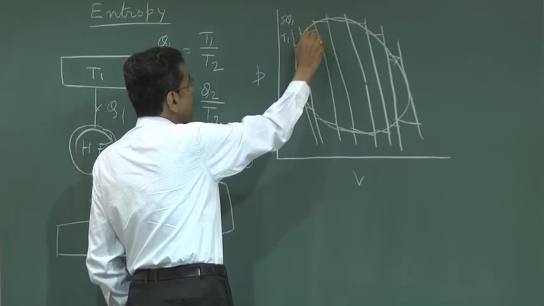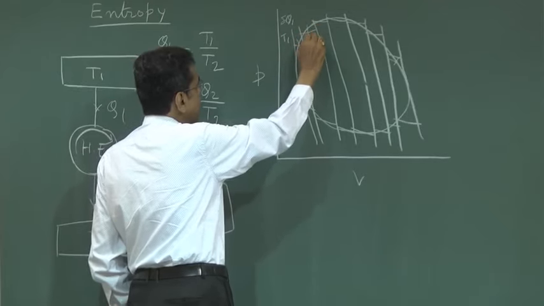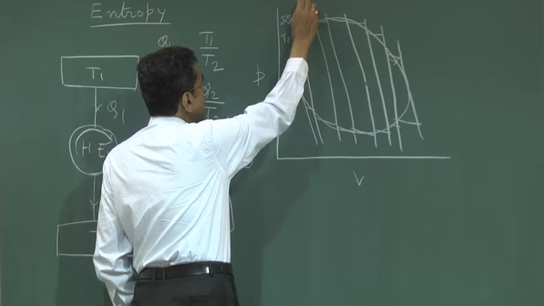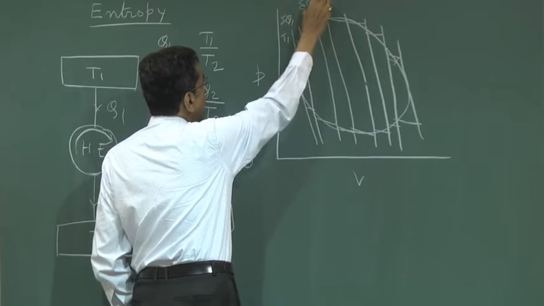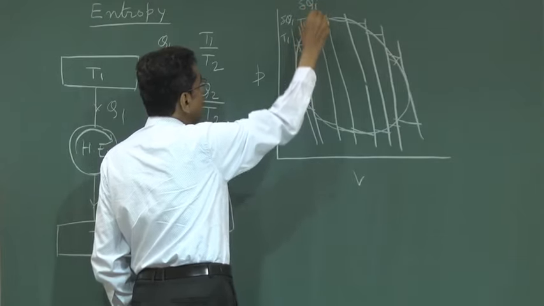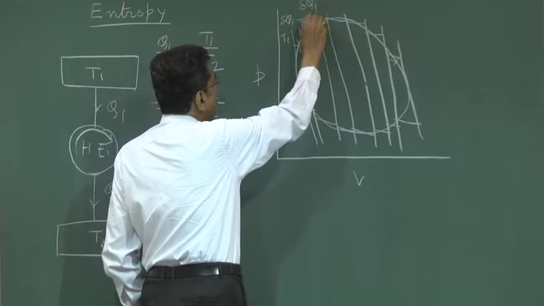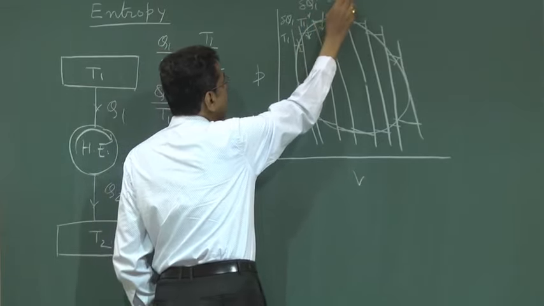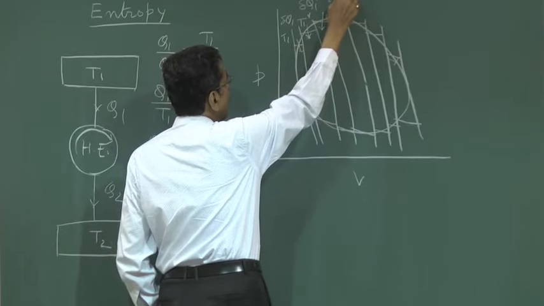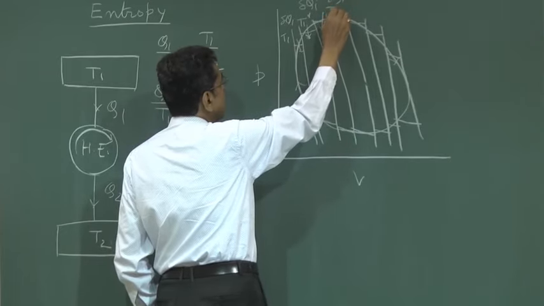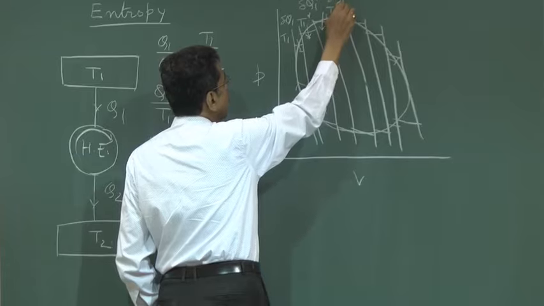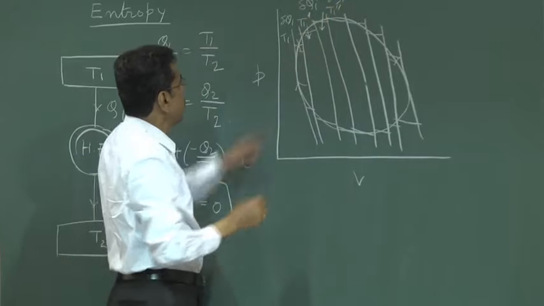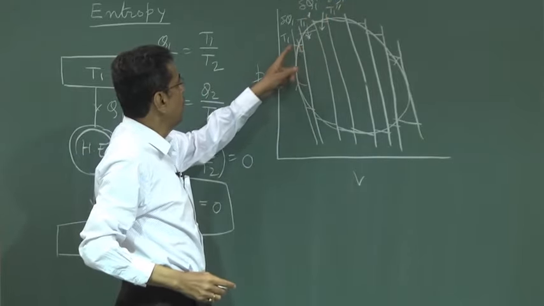For this elemental cycle, the heat added is delta Q1 dash at a temperature T1 dash. For this elemental cycle, the heat added is delta Q1 double dash and the temperature is T1 double dash.